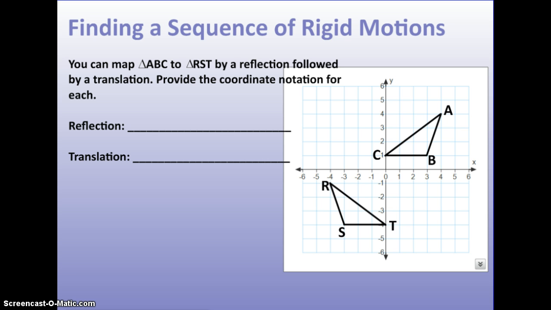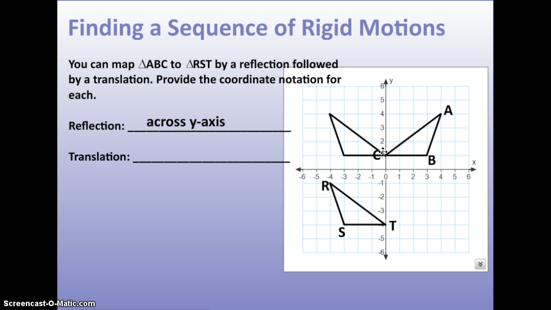Alright, now on occasion we will have two figures, and it's our job to map one figure to the other. So our question is, can we map triangle ABC to RST by a reflection followed by a translation? The first thing I would do is reflect ABC over the y-axis, okay?